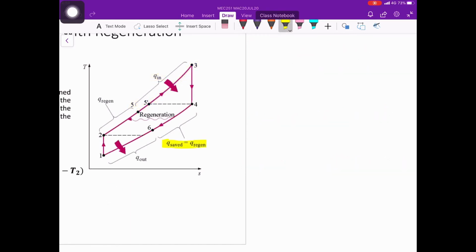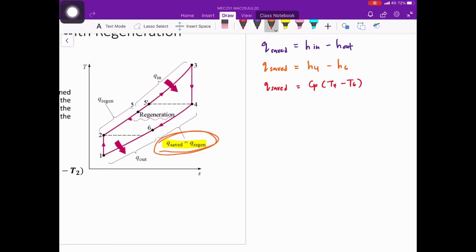Note that the heat saved, Q save, is equal to the regeneration heat, Q regen. In other words, Q save is the portion of heat that leaves the system before it is added to the regenerator. From the steady flow energy equation, we will obtain this expression. Again, since Q save is equal to Q regen, we can have this relation.